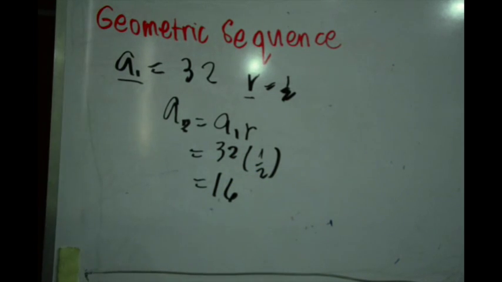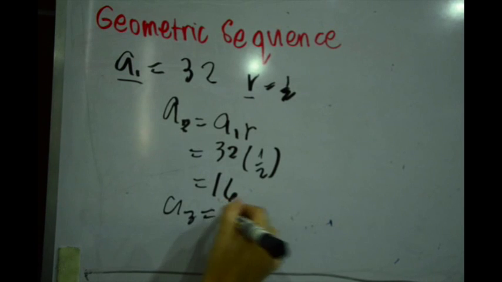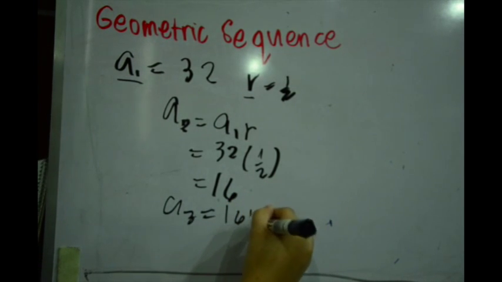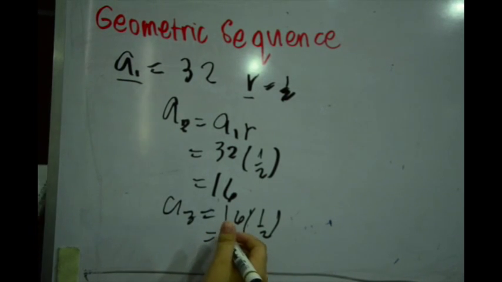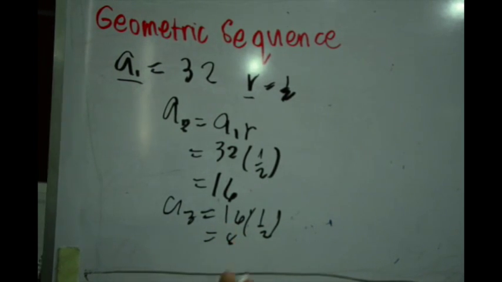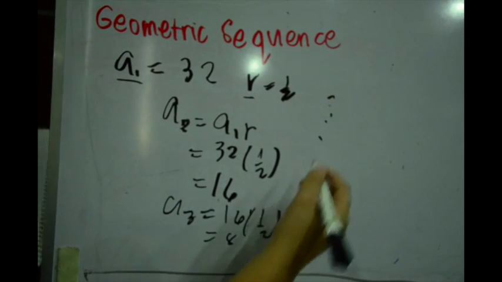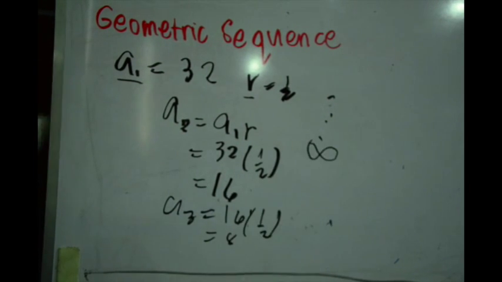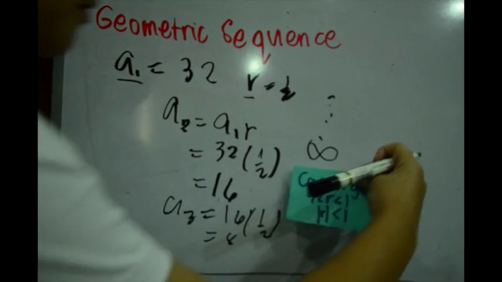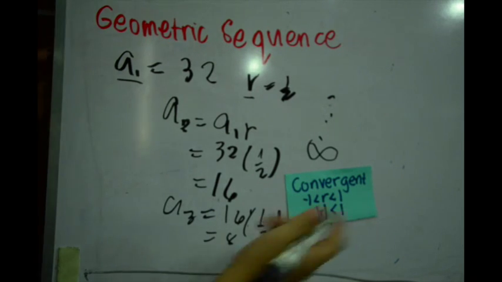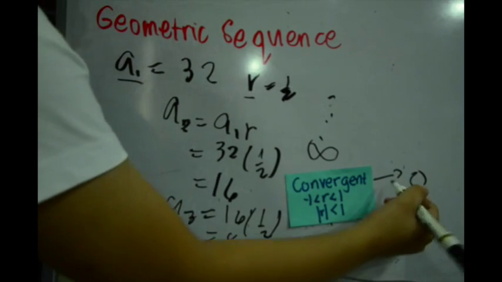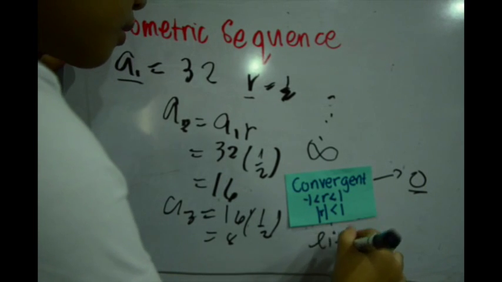Now, a sub 3 is equal to 16 times 1/2, which is equal to 8. And it goes on until it reaches infinity. Now, we call this kind of series the convergent series. As you can see, we call it convergent because it reaches 0. It is a limit until 0.